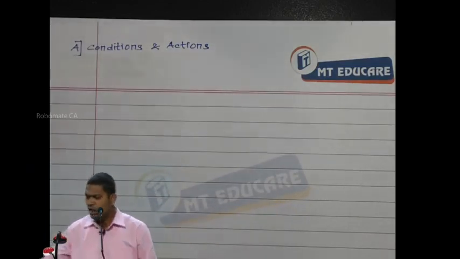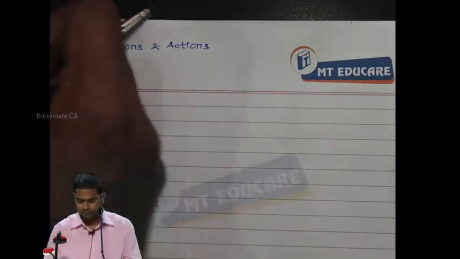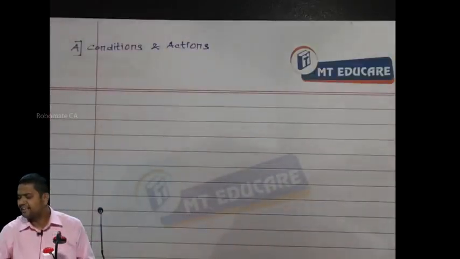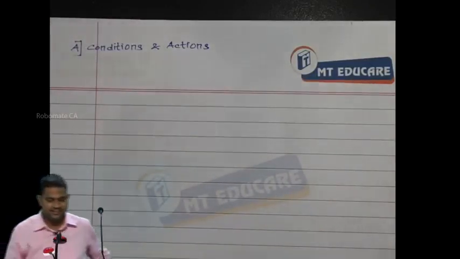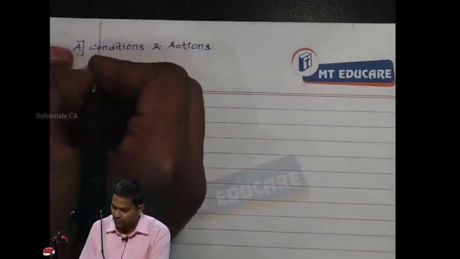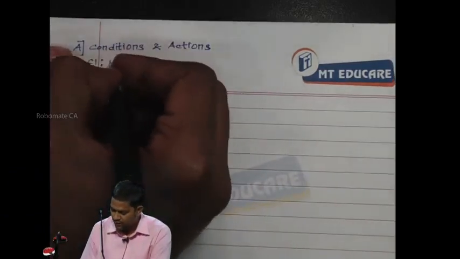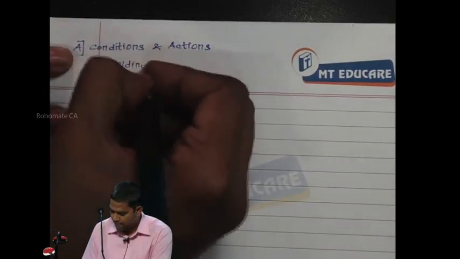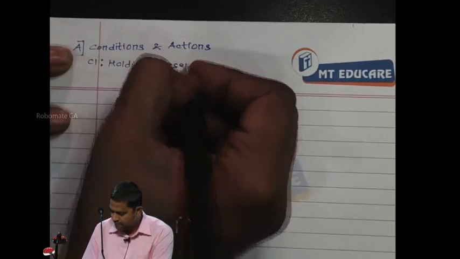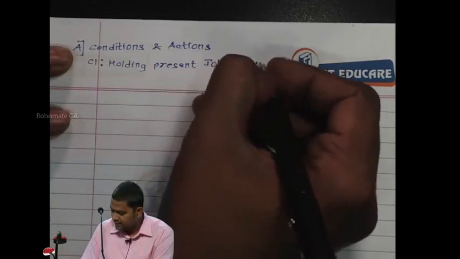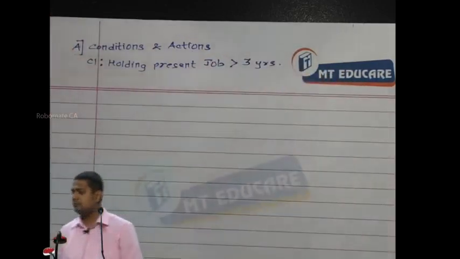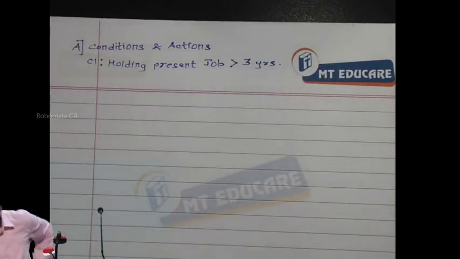Okay. So when I see this particular question, I can see holding present job for more than 3 years. This is the first condition. So I put C1, holding present job greater than 3 years. Second says the monthly salary should exceed rupees 1,500. Clear cut it is saying.